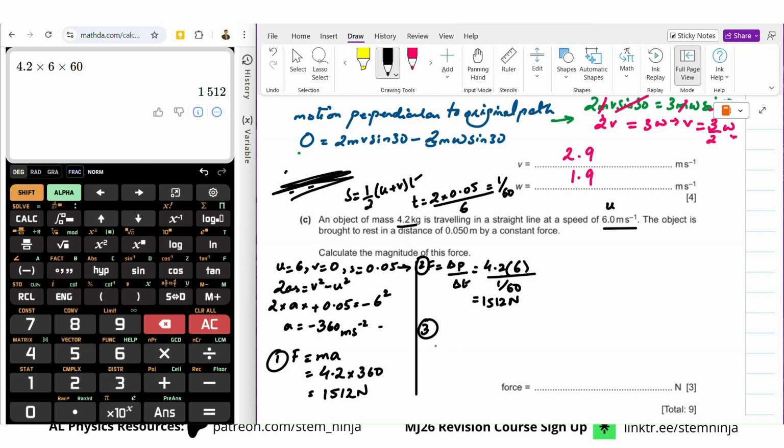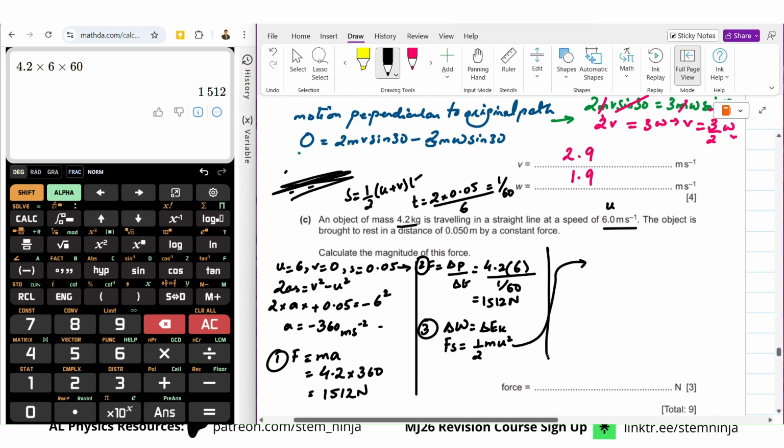Now, the third method involves the work done equals change in kinetic energy. So work done, Fs, equals change in kinetic energy. Change in kinetic energy is just simply half m u squared, because v squared is 0.